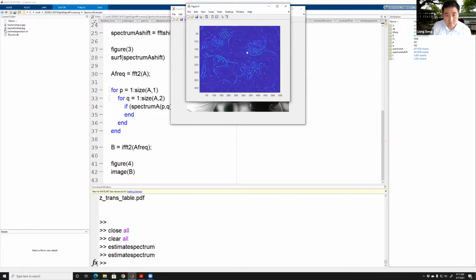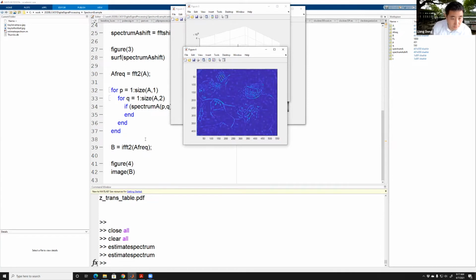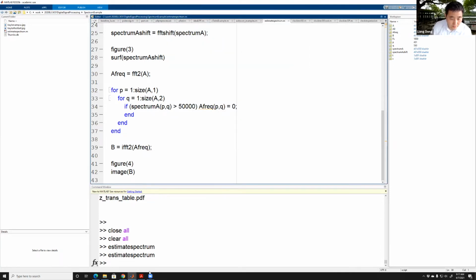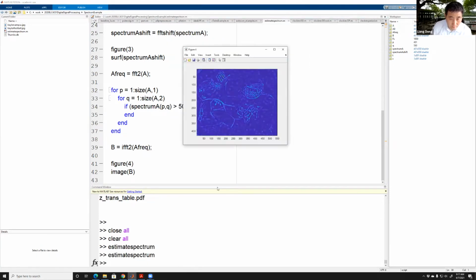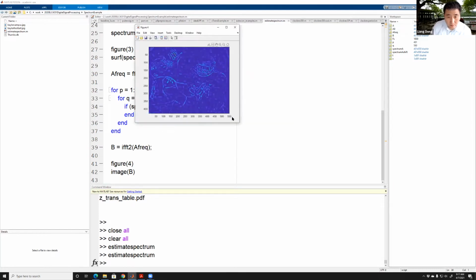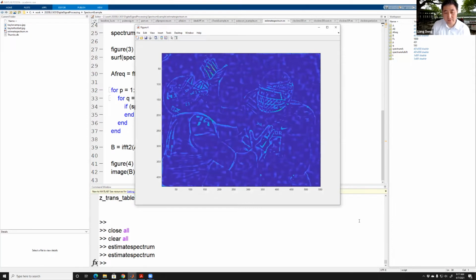Okay, I'm changing everything to 0. You may not notice the difference, but it's doing quite the same thing. Instead of keeping the high contrast at a fixed value of 50,000, I just remove it, make it 0.